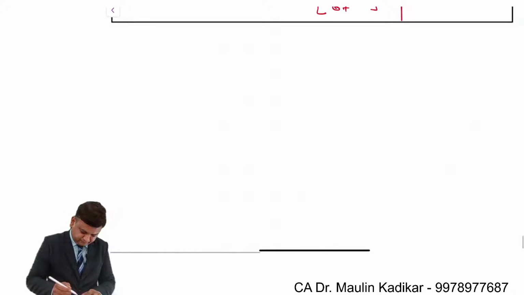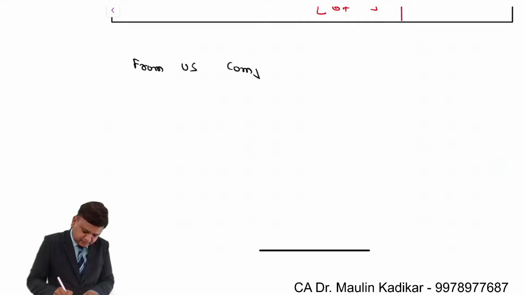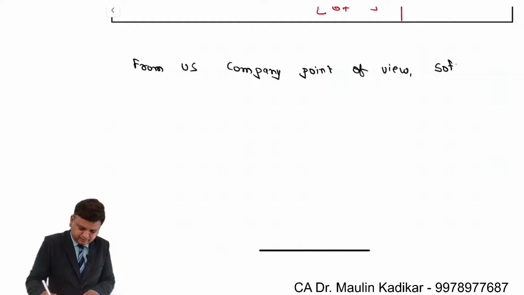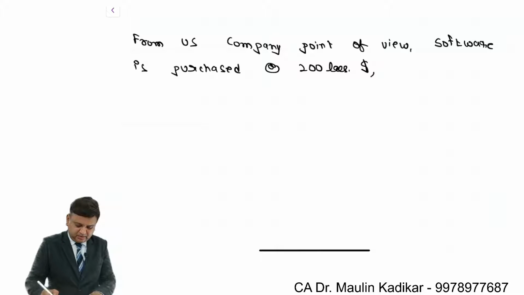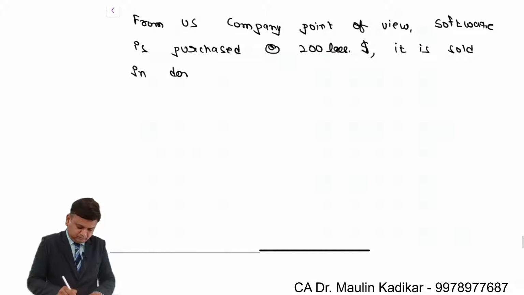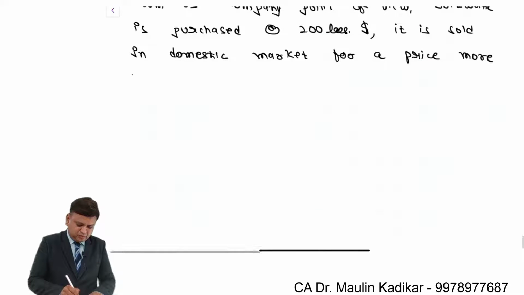So write down the final answer. From US company point of view, comma, software is purchased at the rate of 200 lakhs dollar, comma, it is sold in domestic market for a price more than 200 lakhs dollar.